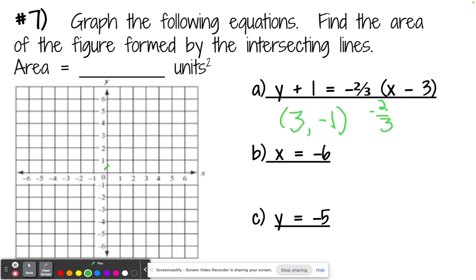So I'm going to go to 3, 1, 2, 3, -1. Do you think it's here? And my slope is -2/3, so go down 1, 2, right 1, 2, 3, or up 1, 2, and left 1, 2, 3. And I have this line here.